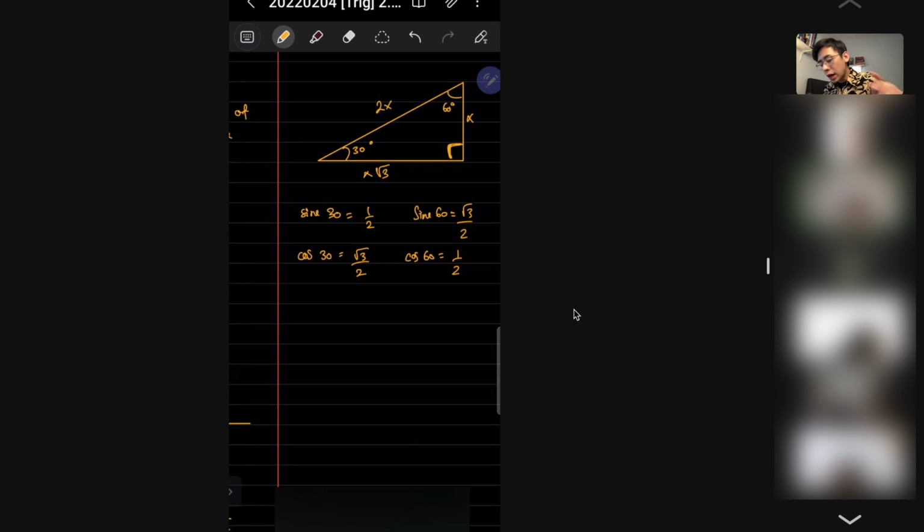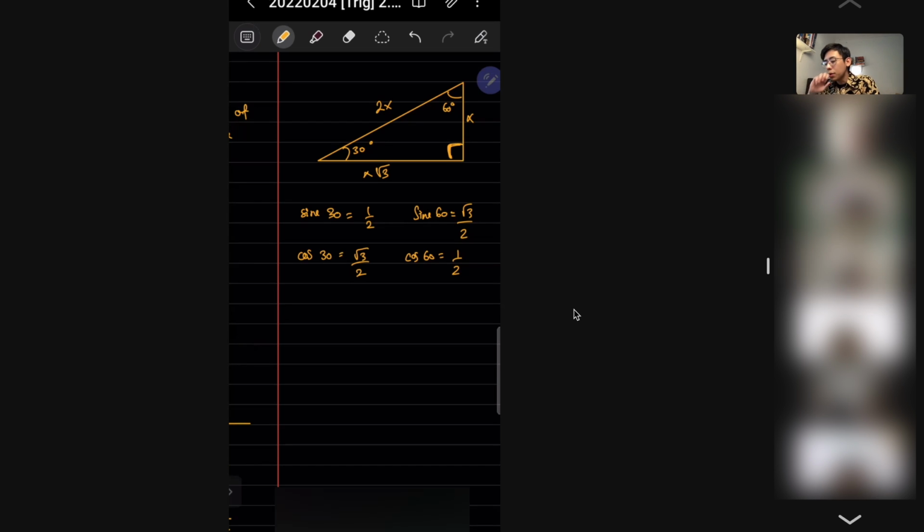So there are a couple of special angles, as you can see on page 119. These are special angles that without a calculator you can, I would say, memorize, or you can try to understand.